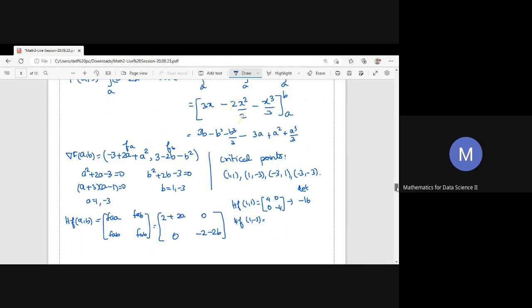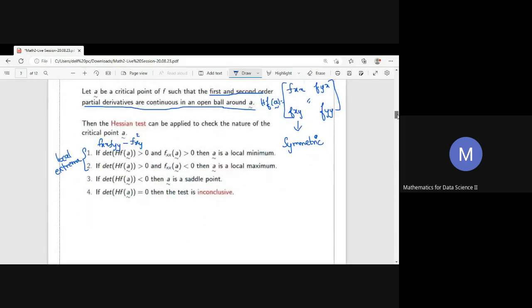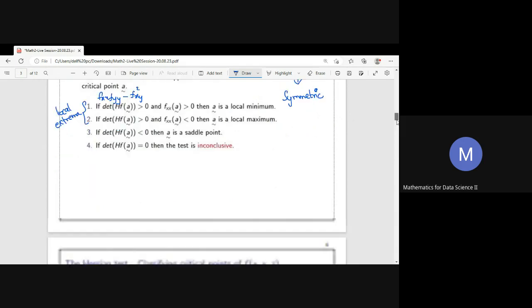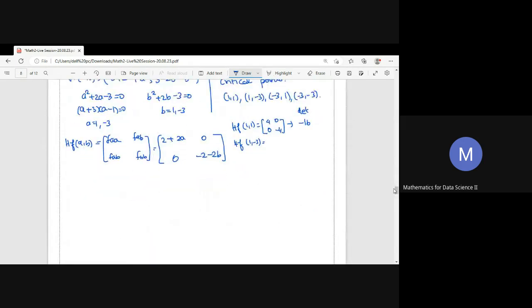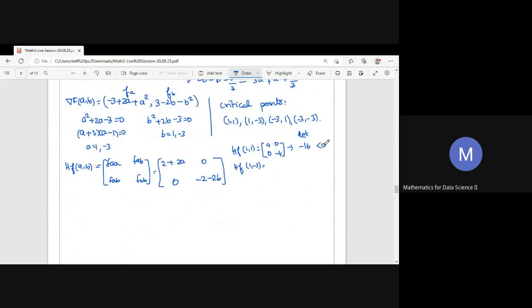By the way, what is the condition for getting a maximum value? The determinant should be greater than 0 and f_aa should be less than 0. Then only you will have a local maximum. We saw that this determinant is less than 0, a saddle point. So let us go to the next case, (1, minus 3). Again here it is 4, 0, 0 and here minus 2 minus 2 times minus 3, which is minus 2 plus 6, that is 4.